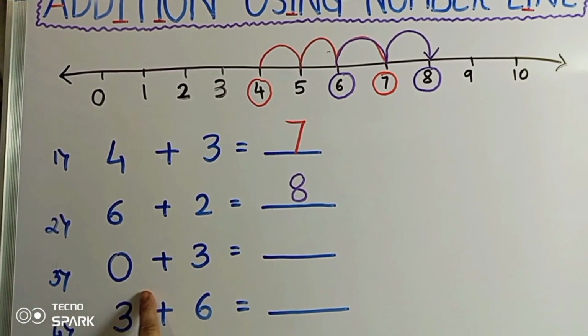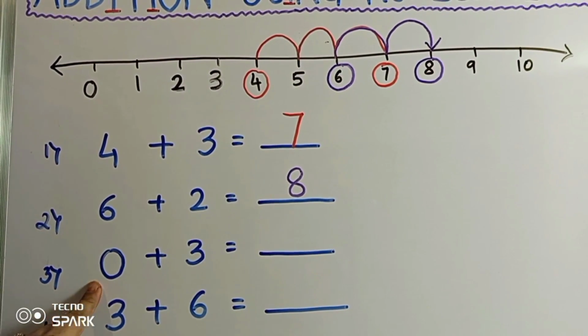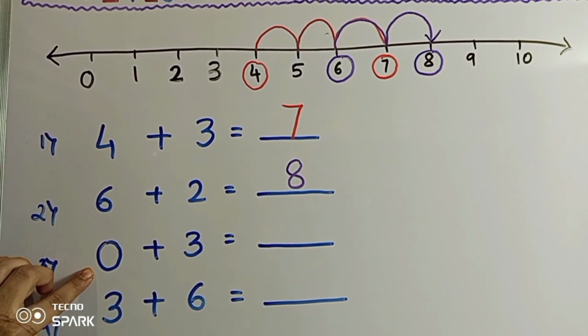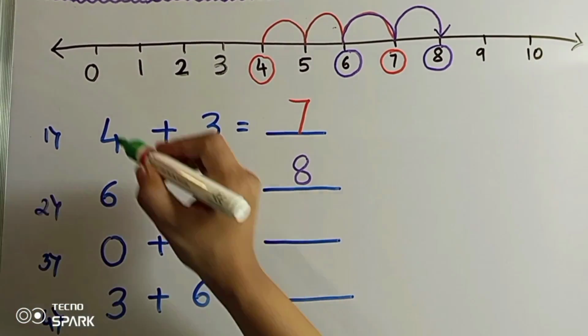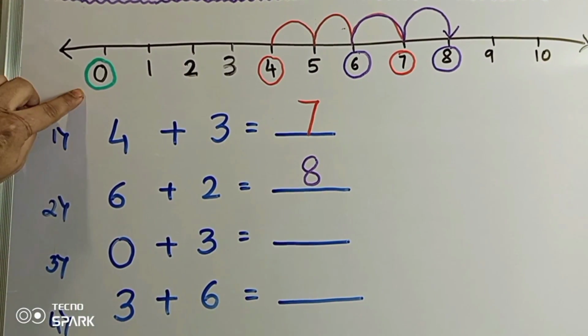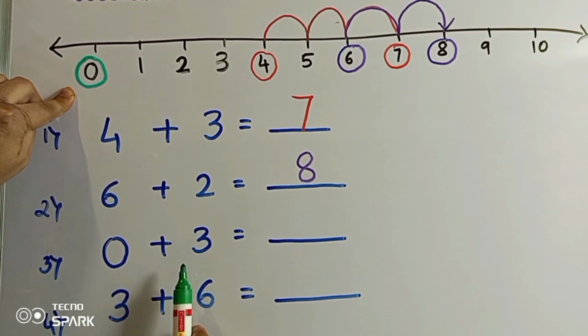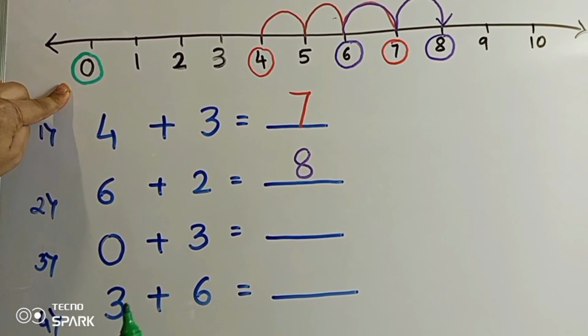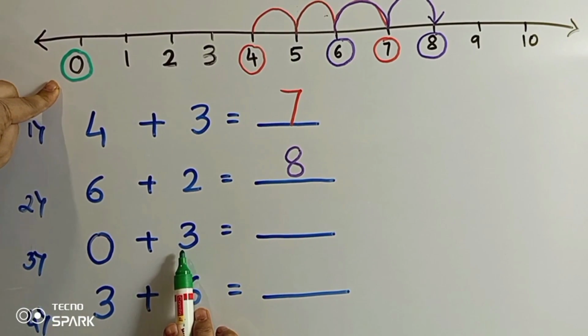Now, the next example, as you can see, is 0 plus 3 would be what? Now, the first number mentioned here is 0. So, we will ask children to find number 0 on the number line. So, here is number 0. And the next number is 3. So, we need to find the sum or total of 0 and 3.